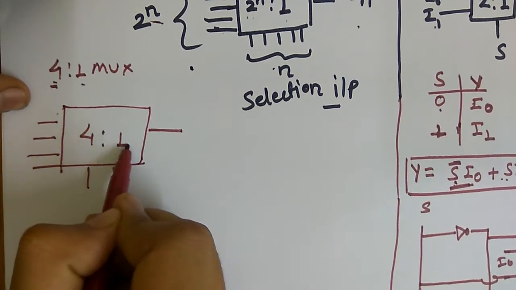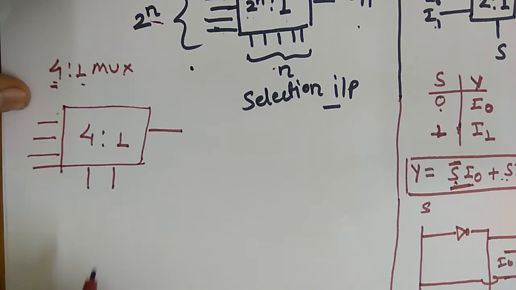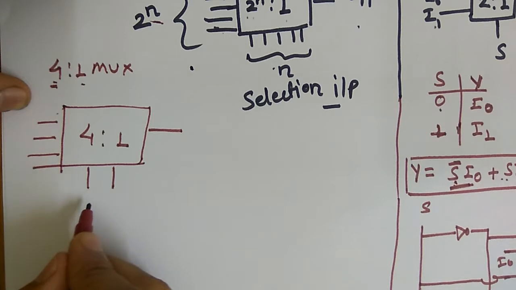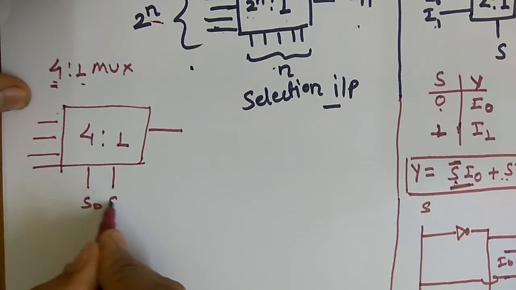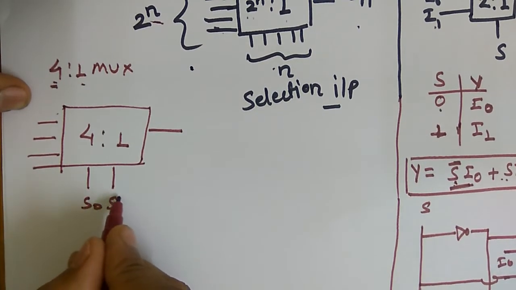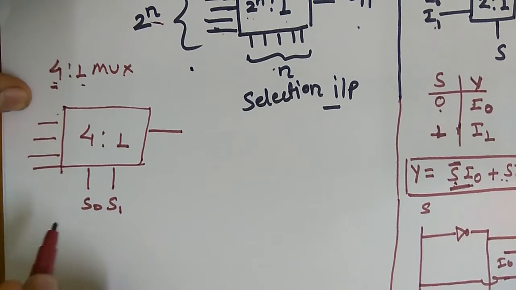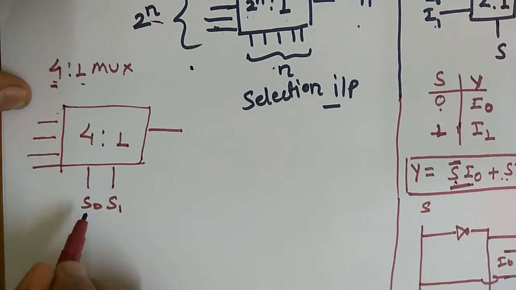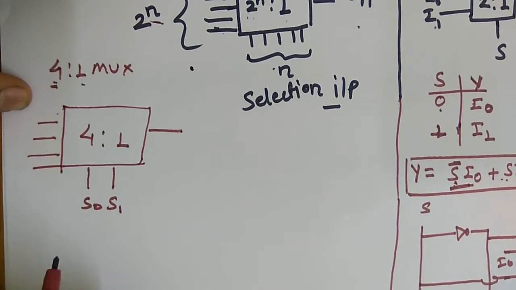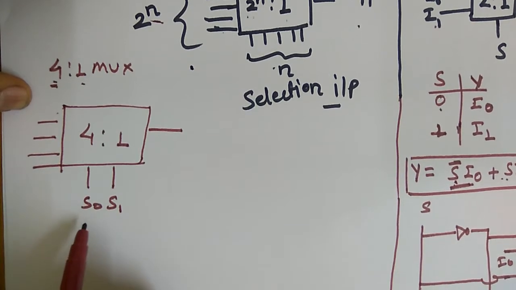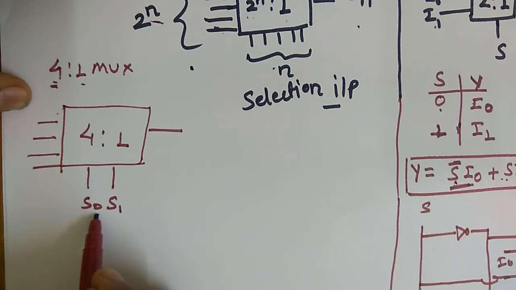N is nothing but the number of select lines. So here the select lines will be S0 and S1. Don't memorize which one is MSB; they will always give which one is MSB and which one is LSB. Sometimes many people get confused about which one is MSB and which one is LSB.